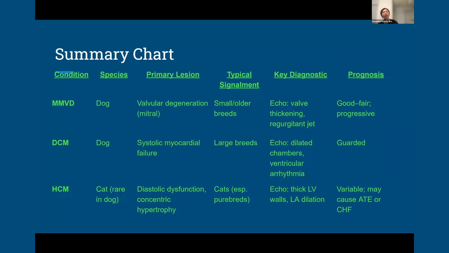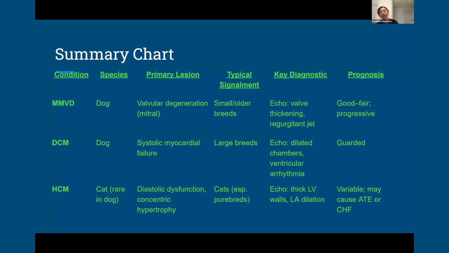Okay, quick summary of what we just chatted about. Mitral valve disease often happens to dogs, mainly because of mitral valve degeneration, and we often see this condition in smaller, older breeds. Key diagnostic is echo, and we'll see valve thickening and regurgitating jets.